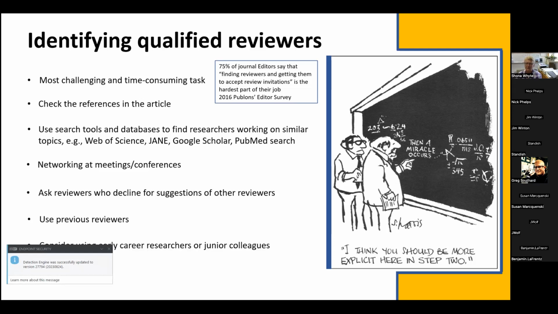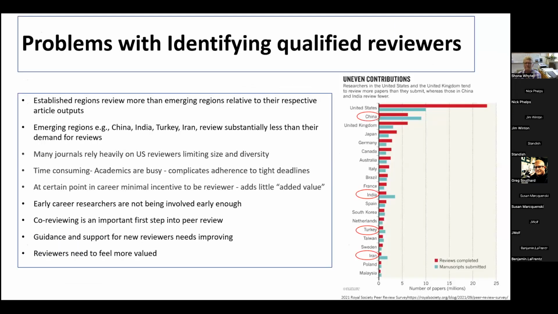You can use previous reviewers, and you can use early career researchers or junior colleagues. You can ask to co-review with them. You can mentor them into the position. It's a great opportunity for people to get into the process, to think critically and to assess research.